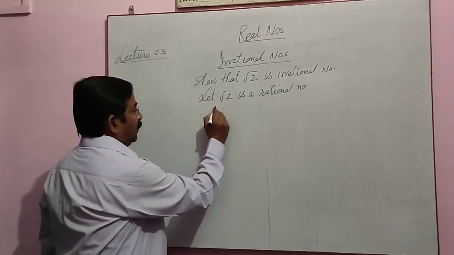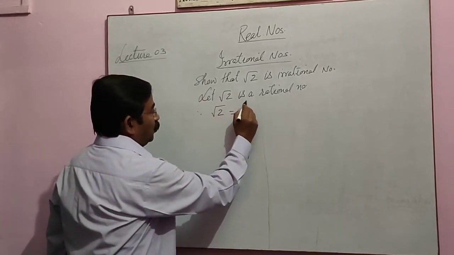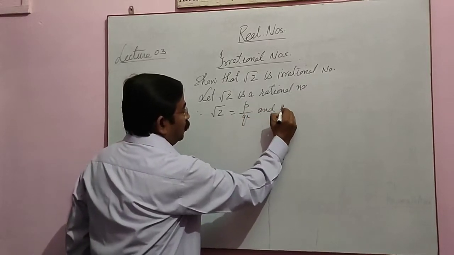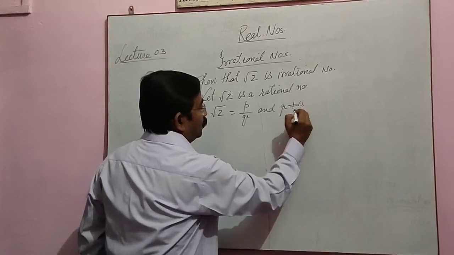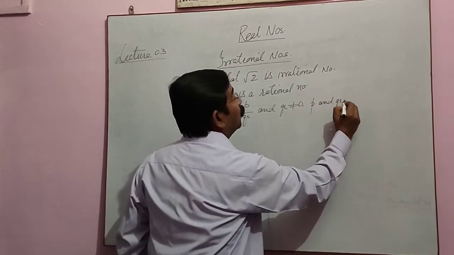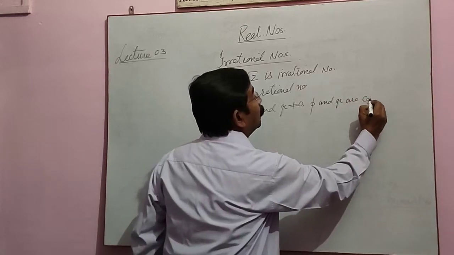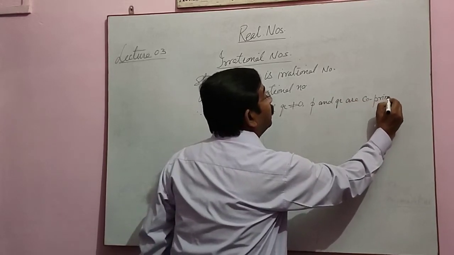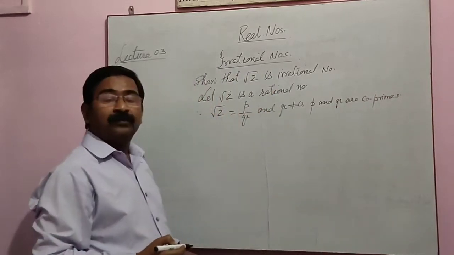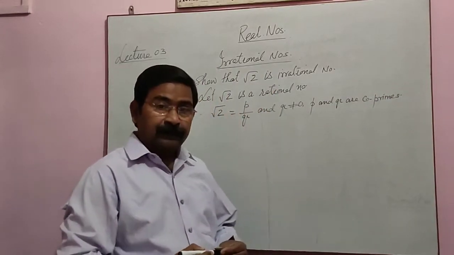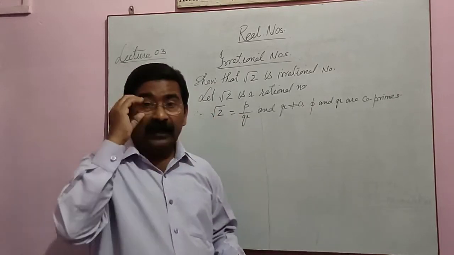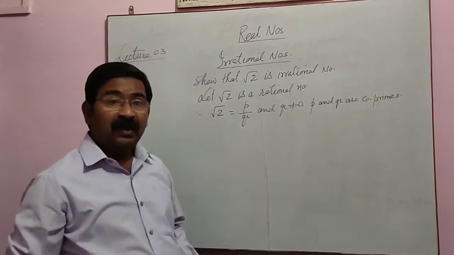Therefore, we can write under root 2 is equal to p upon q, and q is not equal to 0. P and q are co-prime integers, or co-primes.